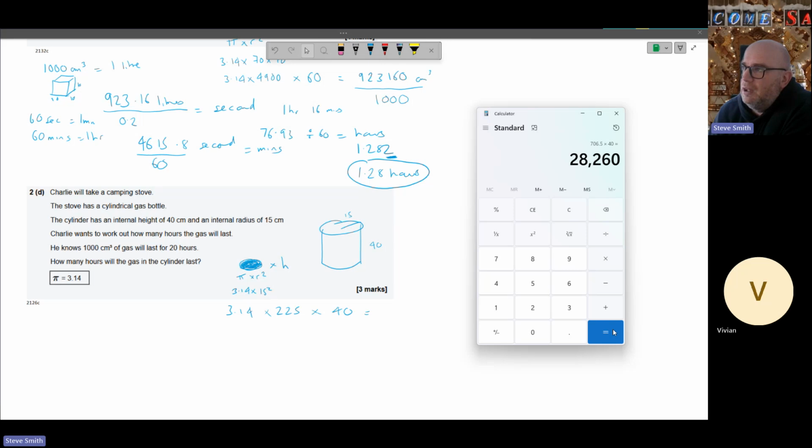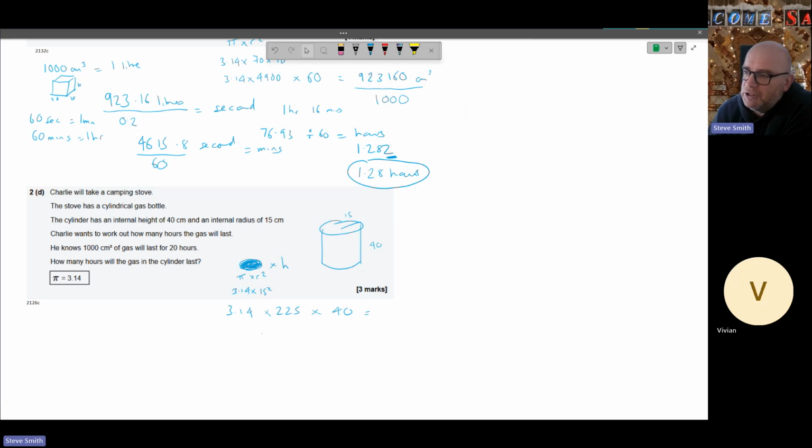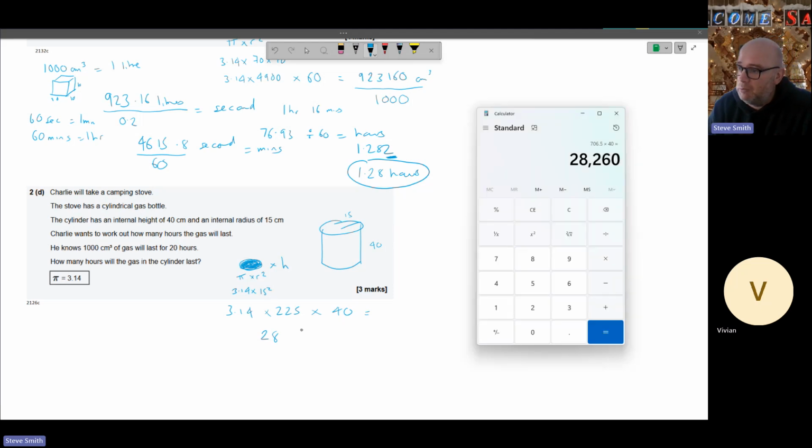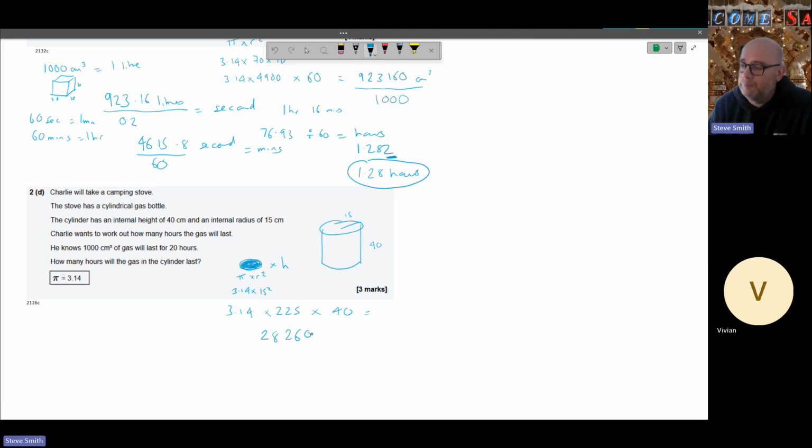So we can see we've got a large number like we had here. Once we've done the area of the circle for the hot tub and then times it by how deep we wanted it, it becomes a large number. So here we've got a gas cylinder that is the area of the circle times by the height, and that is centimeters cubed. It's asking you to work in centimeters cubed here, so that's okay now.